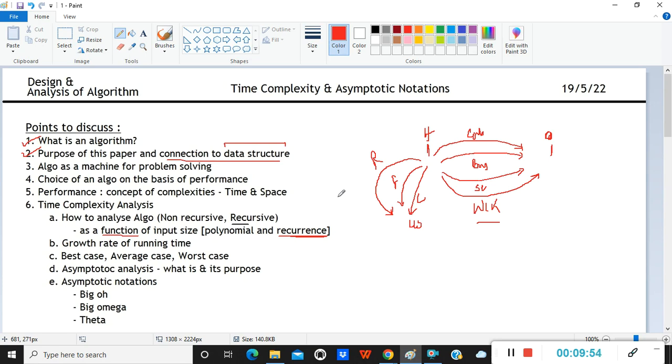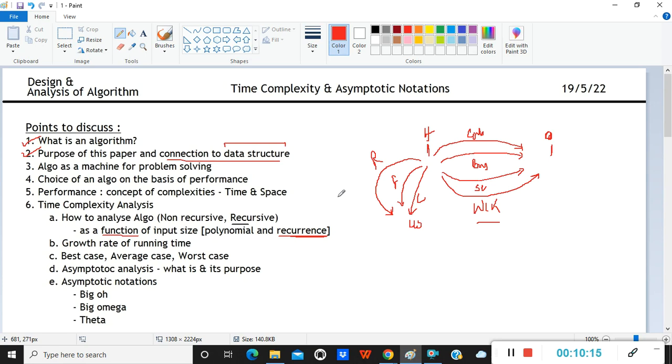While you are developing a particular solution, you will handle lots of data. Obviously you will handle lots of data. Now think what happens if all the data are scattered, not organized properly, then obviously your solution will not work efficiently.